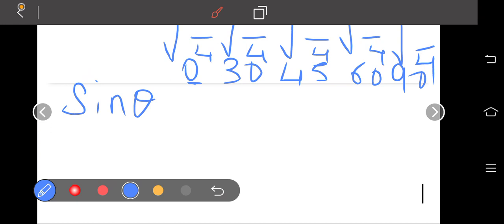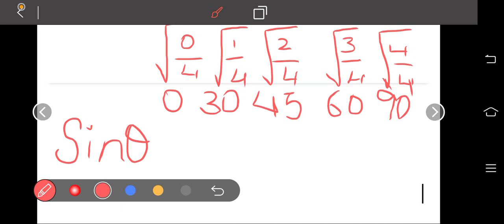So what should we take upon those? Upon 4, for 0 degrees we'll take 0, for 30 degrees I'm taking 1, the next one is 2, and 3 and 4. So I took 0 upon 4, 1 upon 4, 2 upon 4, 3 upon 4 and 4 upon 4.